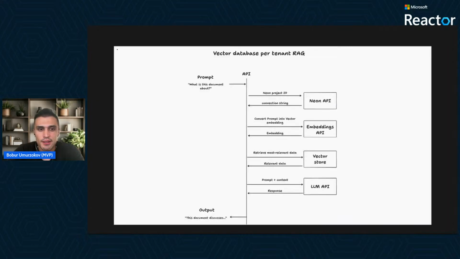So, for example, in this case, if you have one vector database or Postgres solution per tenant in our RAG solution, vector databases can, in my case, be provisioned within the project when the user signs up. As you can see in this diagram, the prompt is coming about a document, let's say 500 pages of PDF, and then the user asks what the document is about.